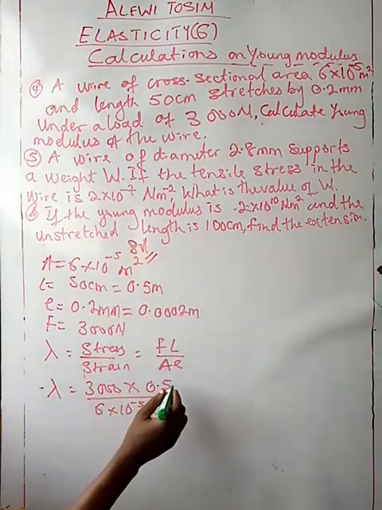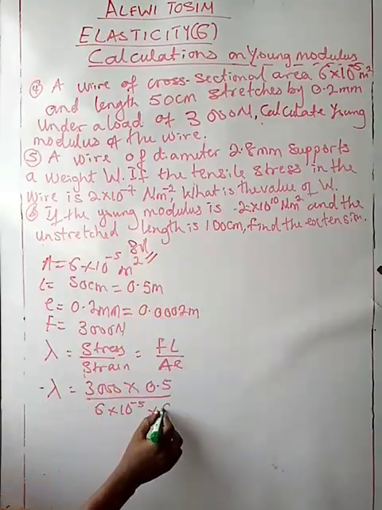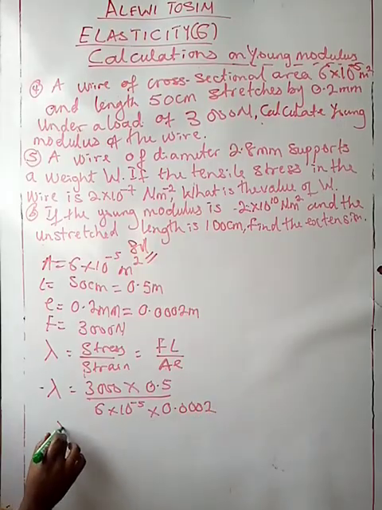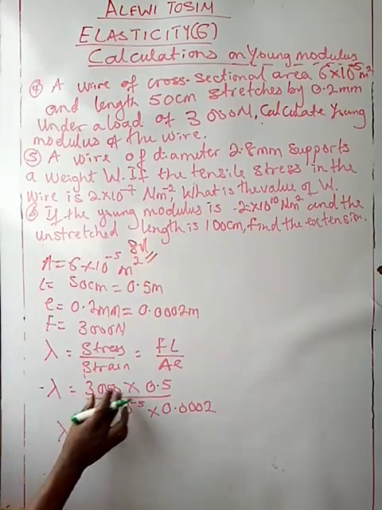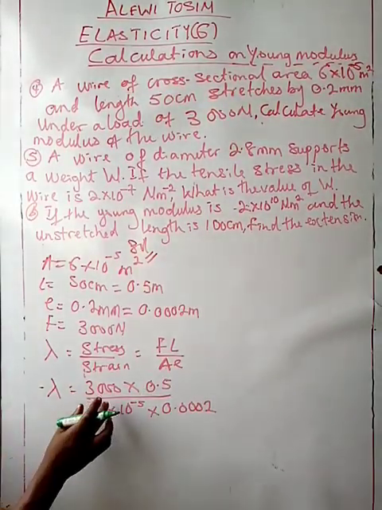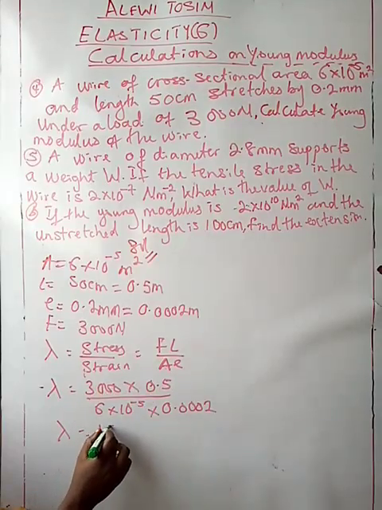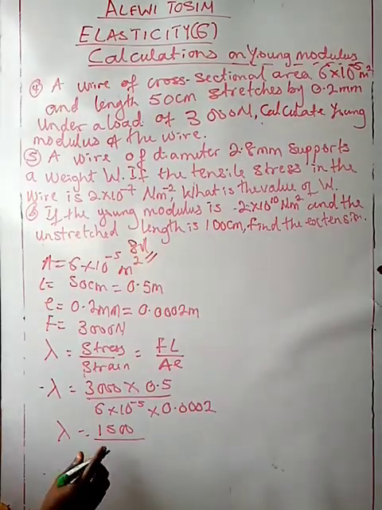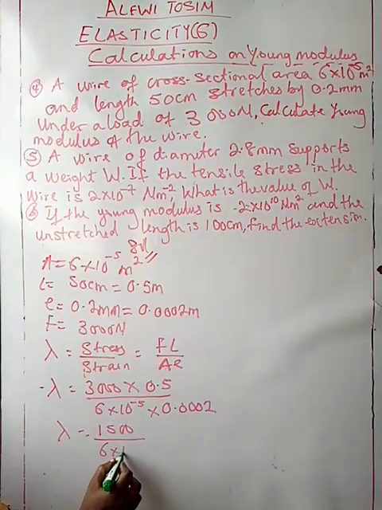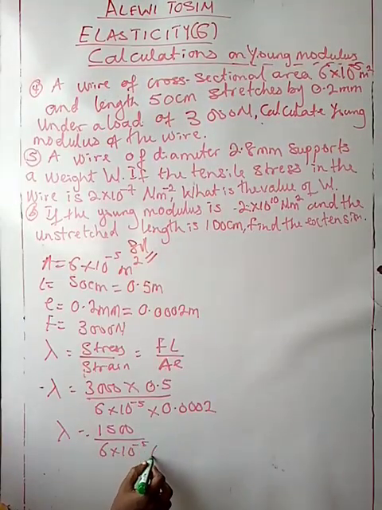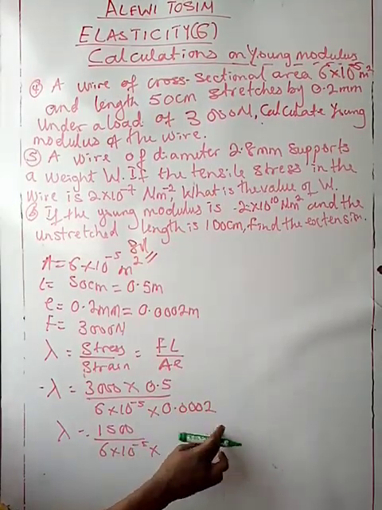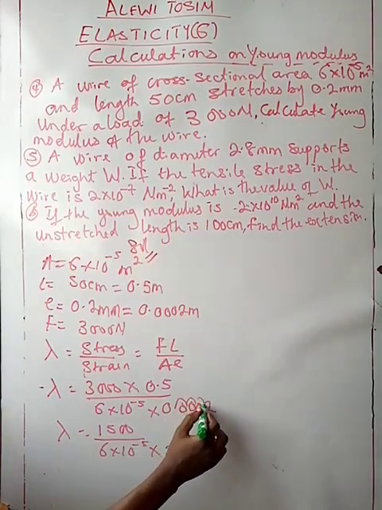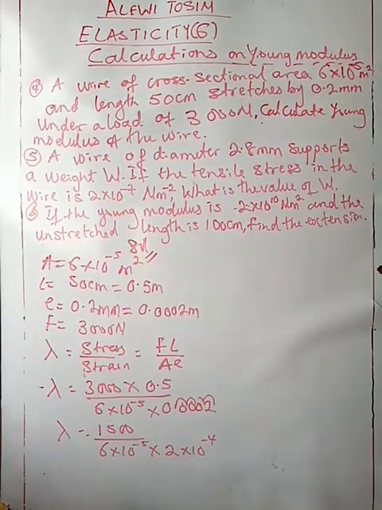Now, multiplying 3000 times 0.5 gives us 1500. Over, you can write this as 10 raised to power minus 5 multiplied by, converting 0.002 to standard form, 2 times 10 raised to power minus 4.